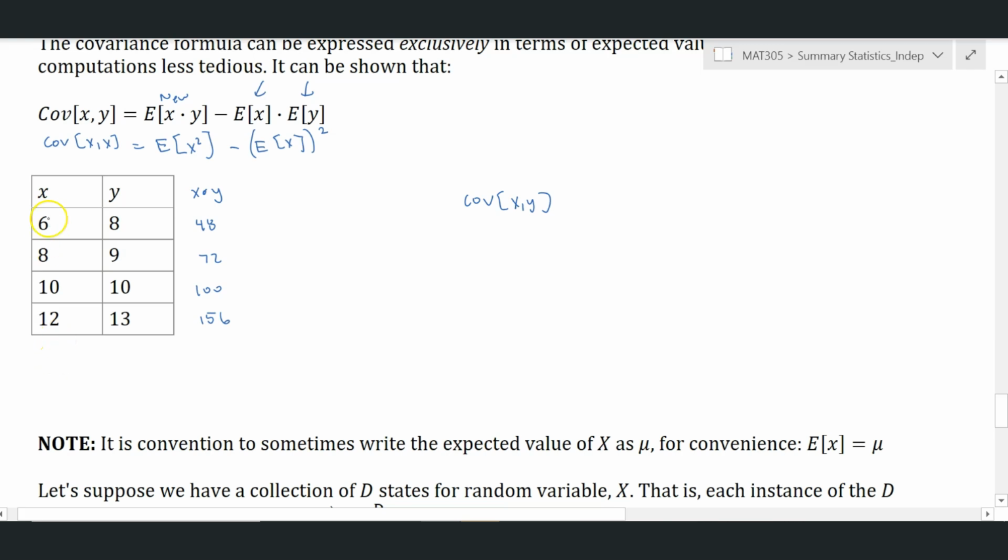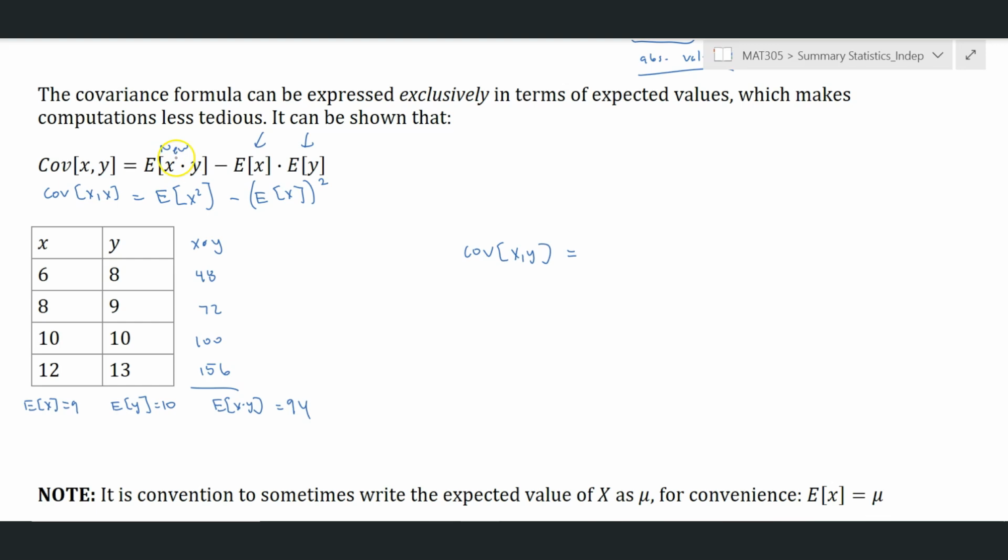And now let's compute the average. The average of the x's we already know is 9. The average of the y's we determined was 10. And now what's the average of the x times the y's? Well, all we would do is add these together and divide by 4. So 48 plus 72 plus 100 plus 156 divided by 4 gives us 94.